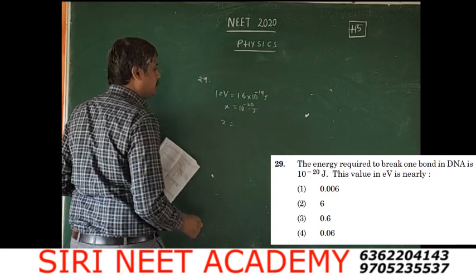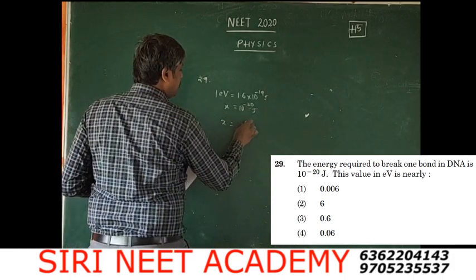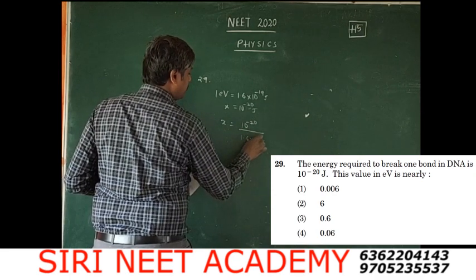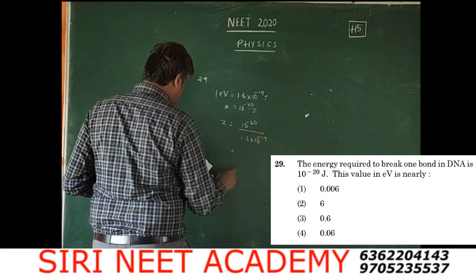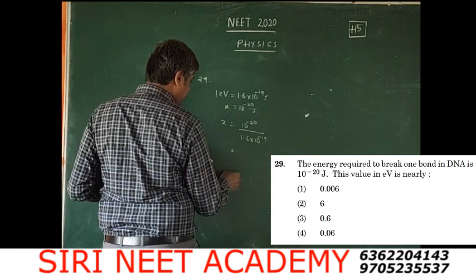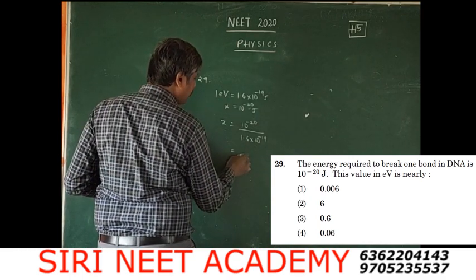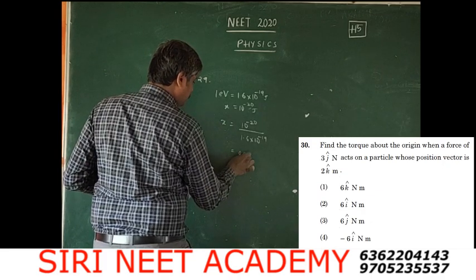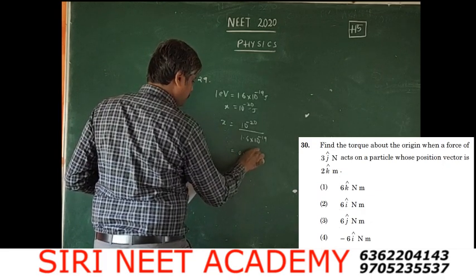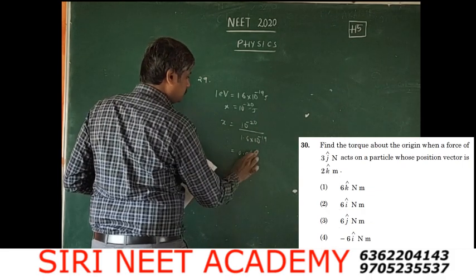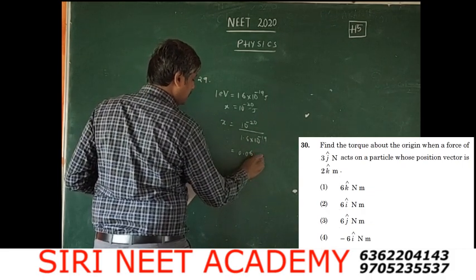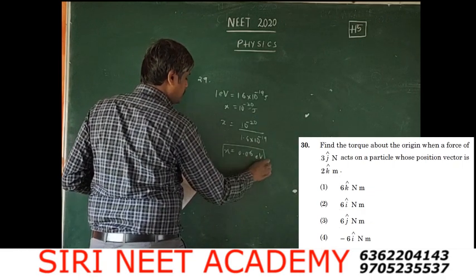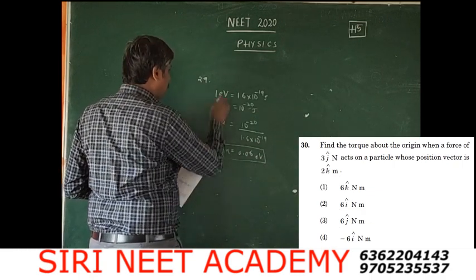So x is given to be 10 power minus 20 by 1.6 into 10 to the power minus 19. So upon solving this, you are going to get 0.06 electron volt. So the option corresponding to this one will be 4th.